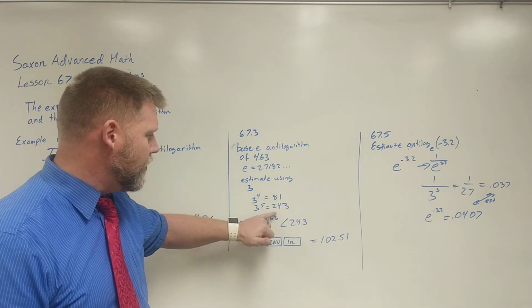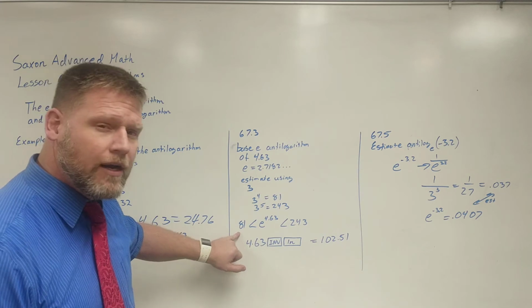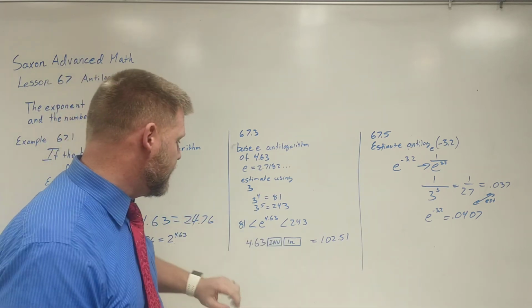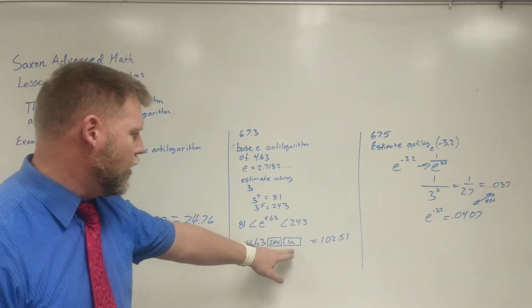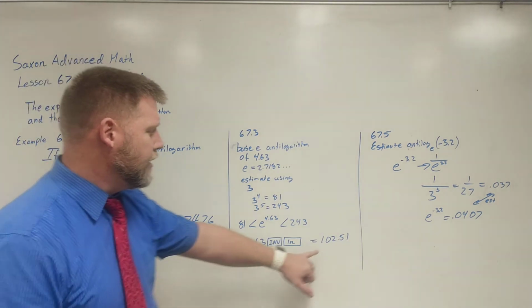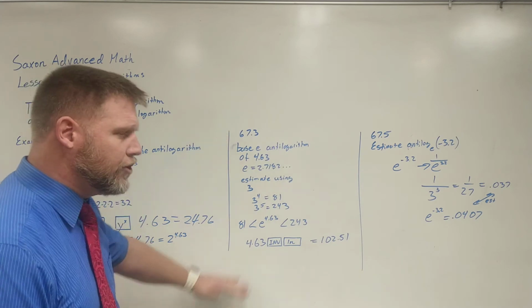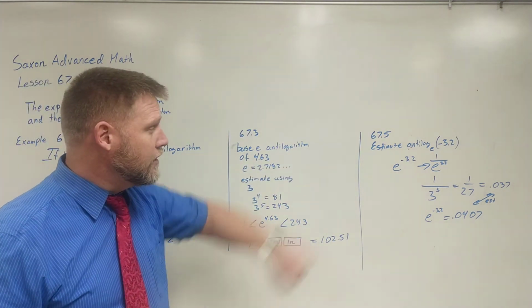So it's going to be between 81 and 243, and I wrote it out that way. So if I get a number less than 81 or greater than 243, I've got a problem. There's an issue. So I go ahead and hit on the calculator 4.63, inverse ln, right? That's what the e key is. It says e to the x on your calculator, and I get 102.51. Play with your calculator a little bit. Make sure you understand how to do this, but these are very simple once you see it.